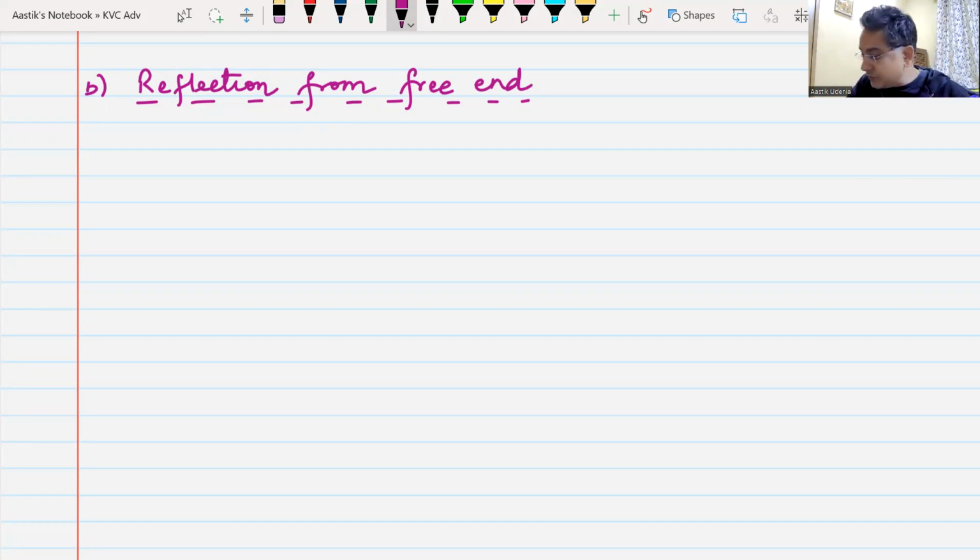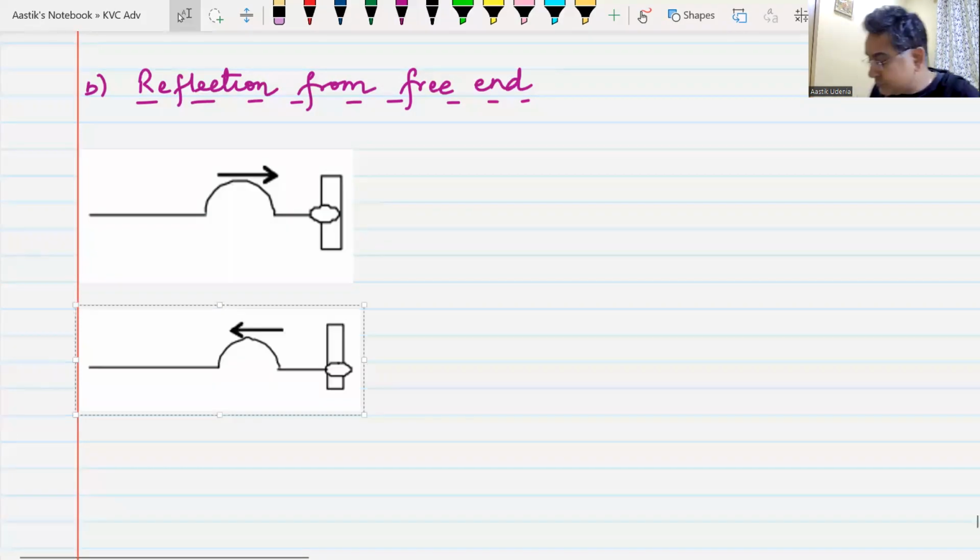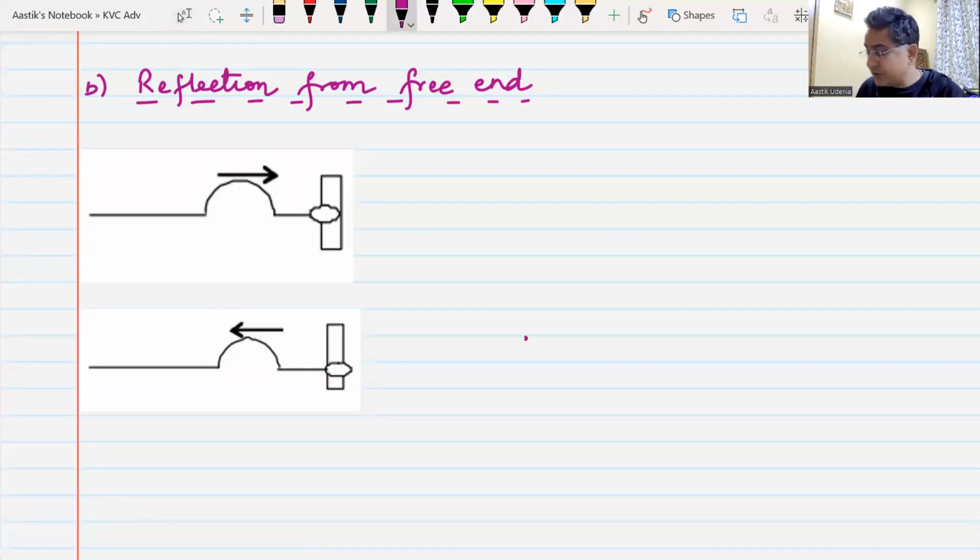Now I'll try to show it with these two examples. This is the example of a free end. For example, instead of tying this string to a rod or to that wall, I tie it to a ring, and that ring can move on a rod.